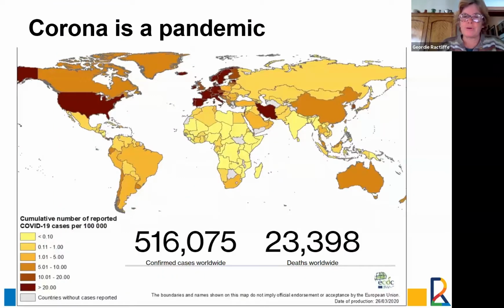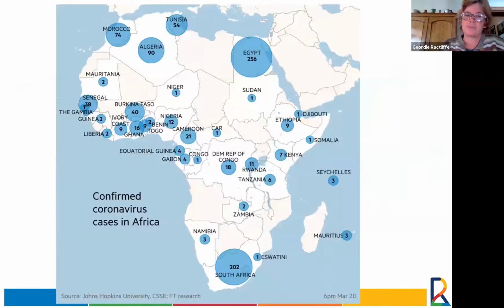Compared to the 500,000 cases in the rest of the world, Africa at the moment appears to be relatively slow to have transmission of the virus. Everyone will know that the statistic for South Africa has moved.